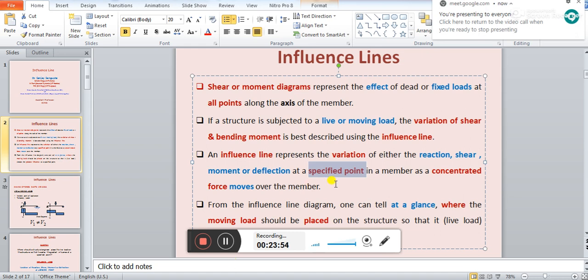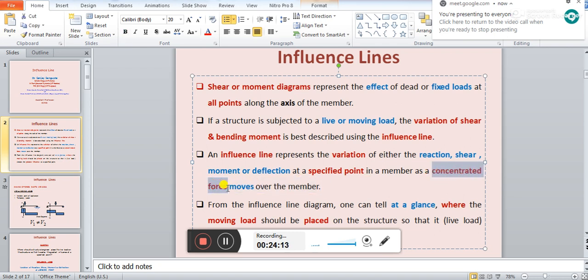So if you notice, if you want to find out an influence line diagram, in such a case you will have to use a concentrated force. That's it, very important.